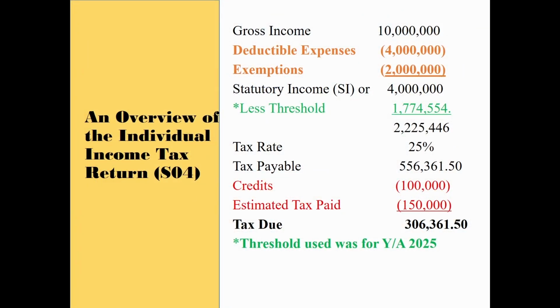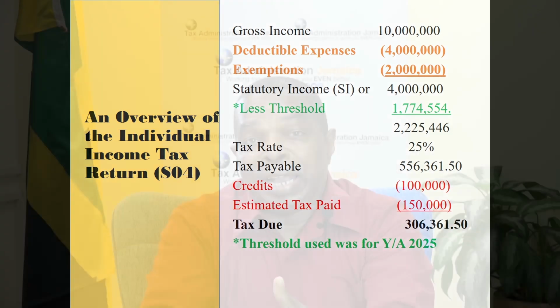And of course, the form, just in overview here, that the rate is 25% here in Jamaica for individuals. So the rate is consistent and the amount payable is calculated. Now persons might be asking, what else does the form do? The form gives you any credit that may be allotted to you.